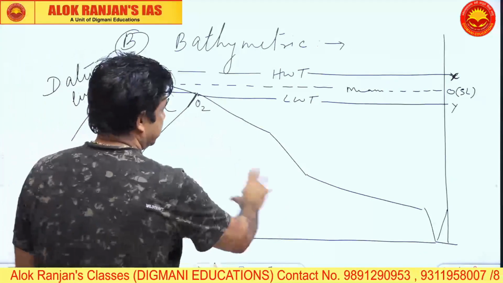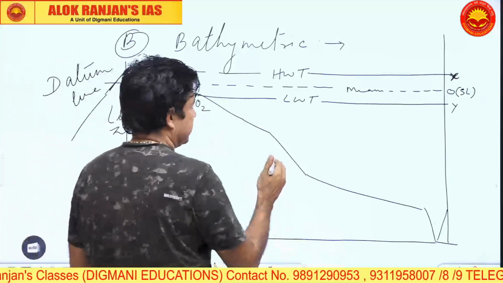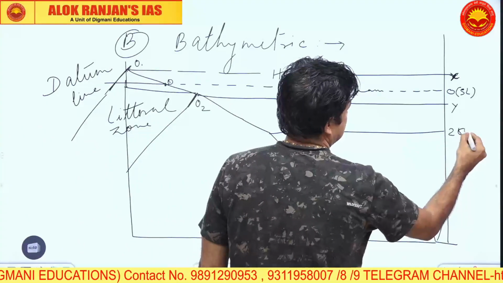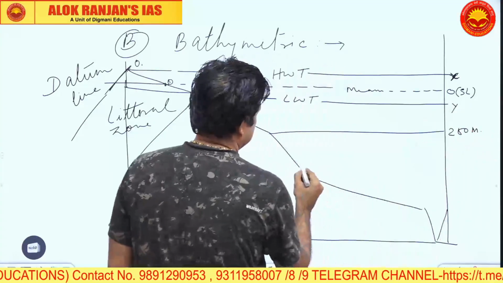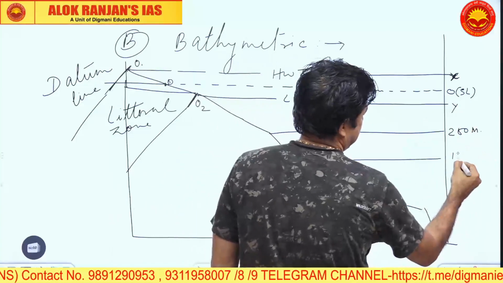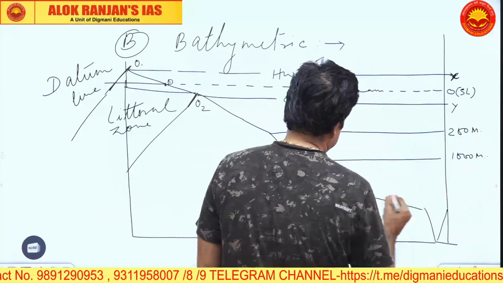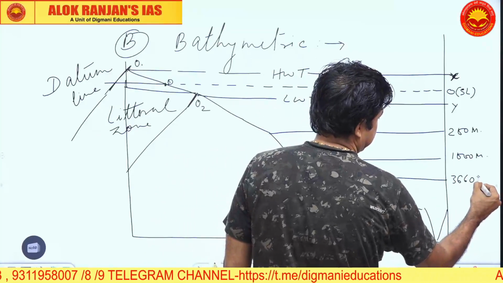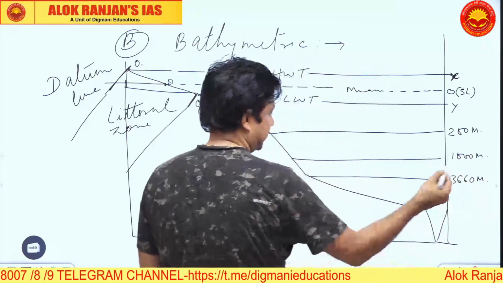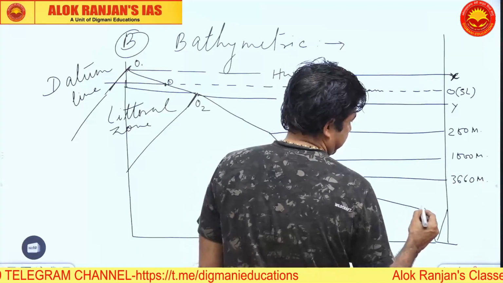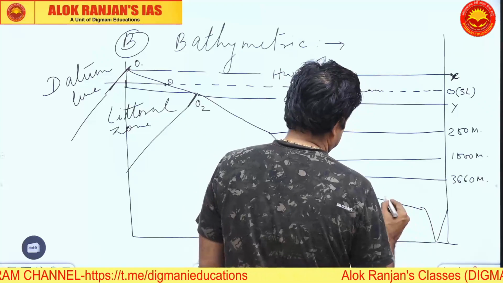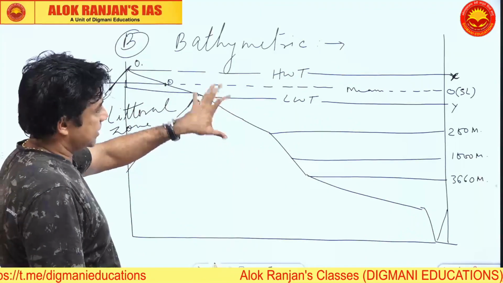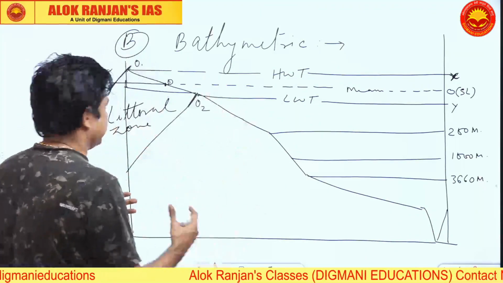Now if you move further with depth, I'm drawing this 200-meter line, this 1000 meters line, this 3660 meter line, and then we can further classify.